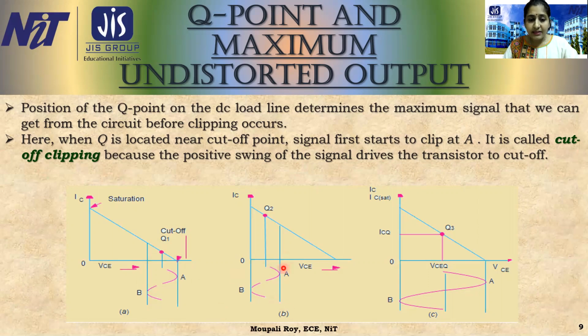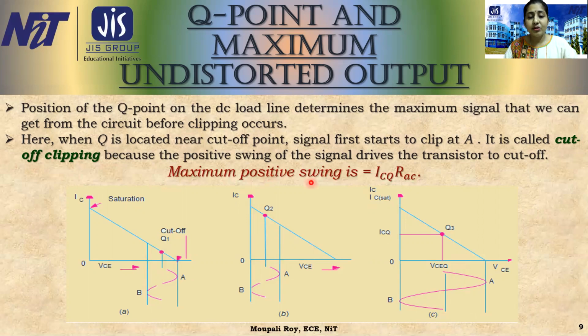Step by step, this is the cutoff, then we shift this point, this one comes here, so this is one graph. Q2 comes here, so we get a graph here. This is Q3, we get a graph here. That means depending on the Q point, we get various types of swing graphs. This is called cutoff clipping.